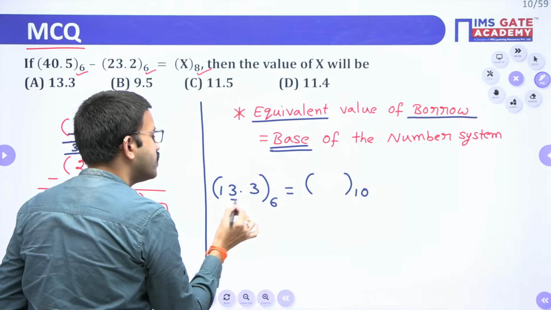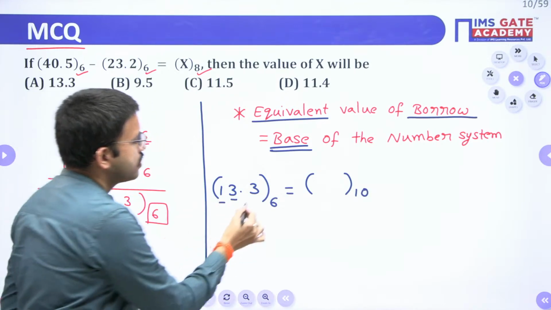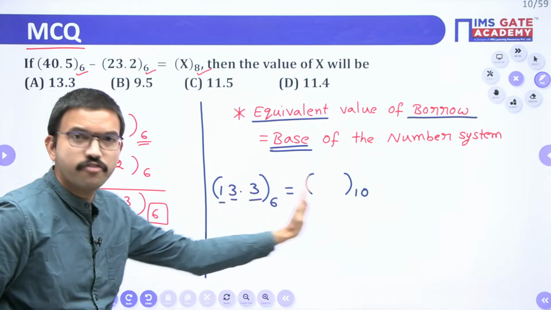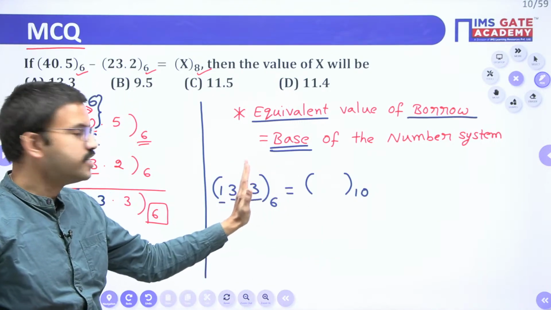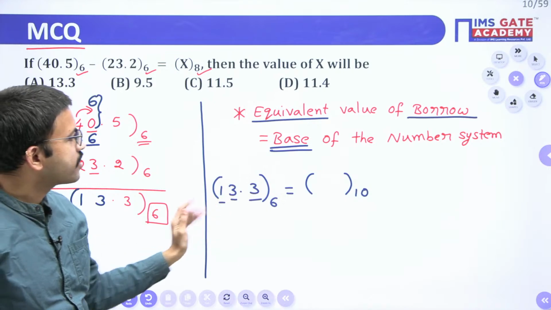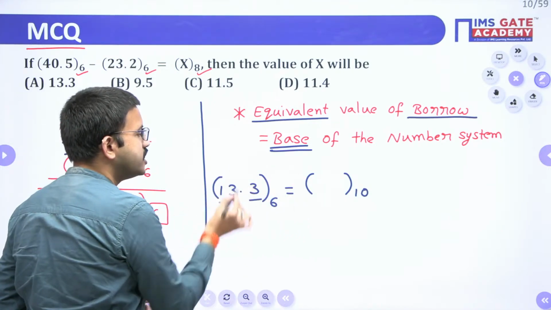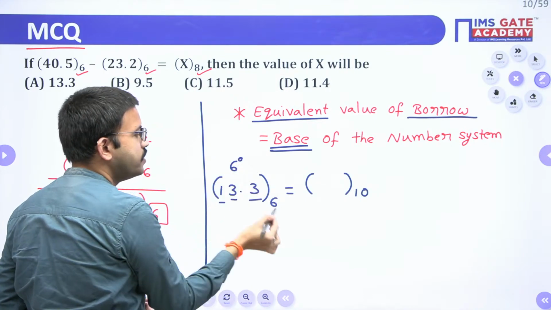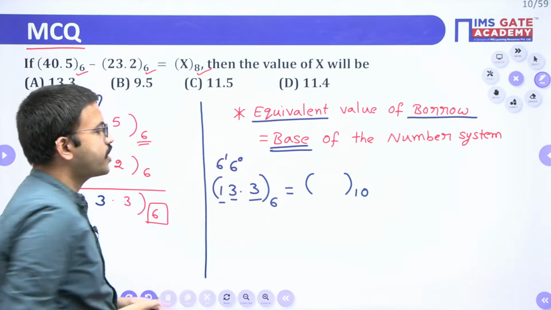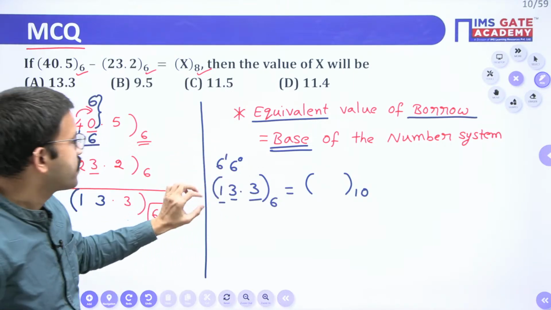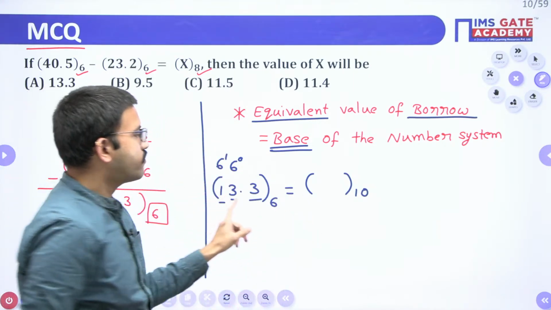So here you have both an integer part and a fractional part. If you don't have a fractional part, then regarding the integer part, we learned that the positional weights will be in powers of 6: 6 power 0, 6 power 1. Now, right-hand side, what do you have? The fractional part.